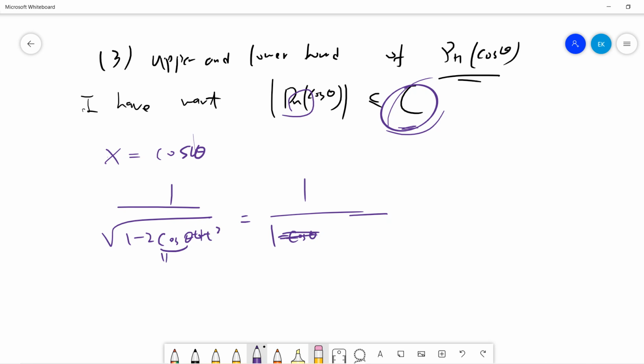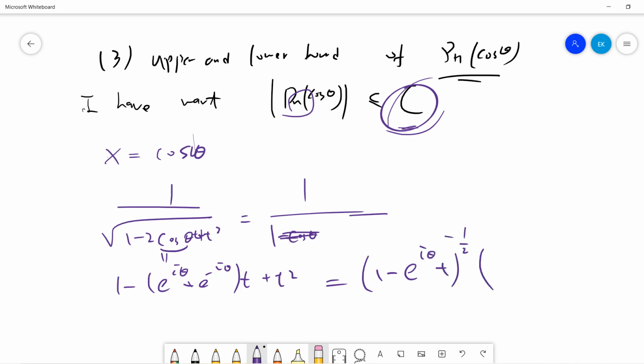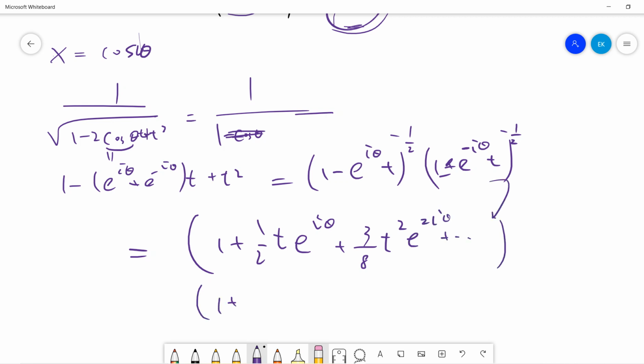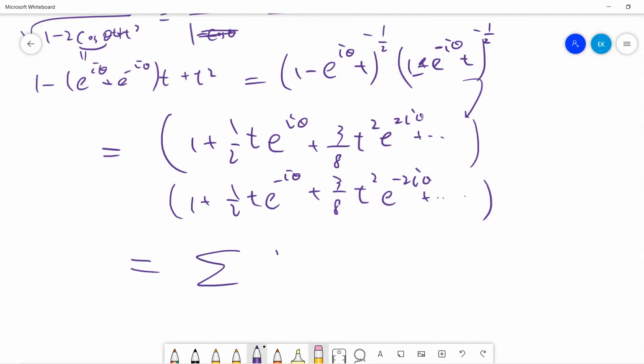One can write 2 cos theta as an exponential, so this becomes (1 minus e^{i theta} t) to the negative half, times (1 minus e^{-i theta} t) to the negative half. Each can be expressed as 1 plus a half t e^{i theta} and so on, and similarly with e^{-i theta}. If you expand it, you will get the coefficients a_m.